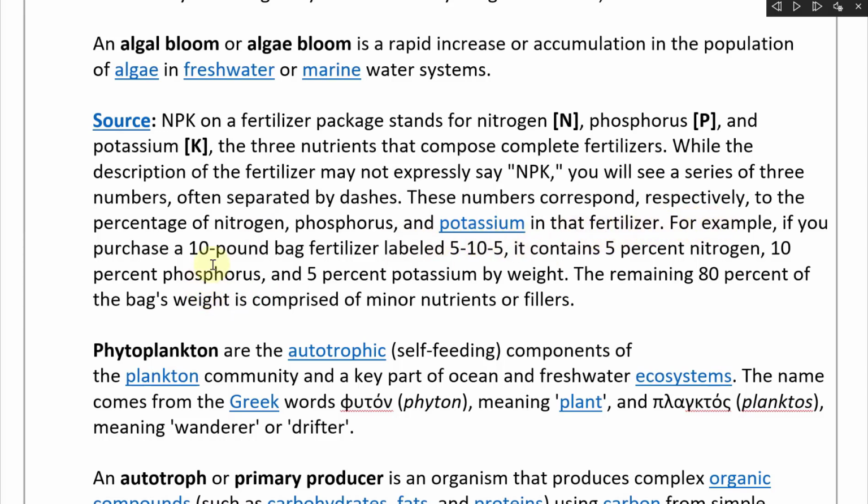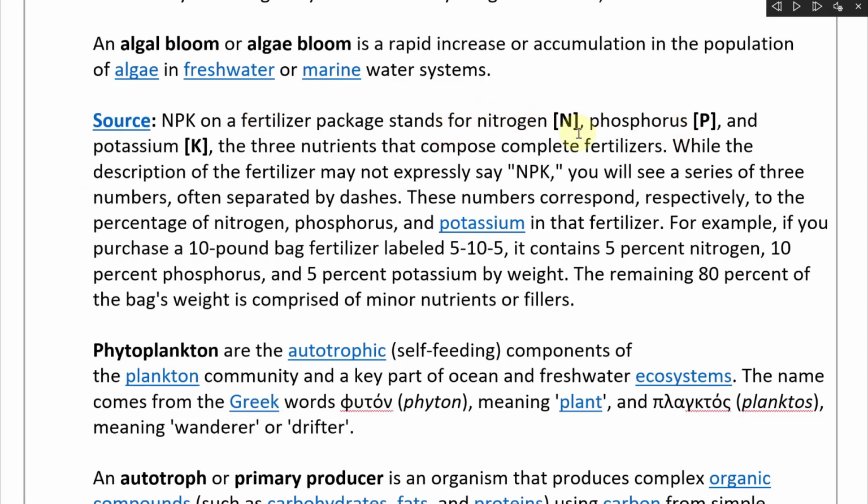For example, if you purchase a 10-pound bag of fertilizer labeled 5-10-5, it contains 5% nitrogen, 10% phosphorus, and 5% potassium by weight. The remaining 80% of the bag's weight is comprised of minor nutrients or fillers. These are the major ones for fertilizers and to support growth and so on.